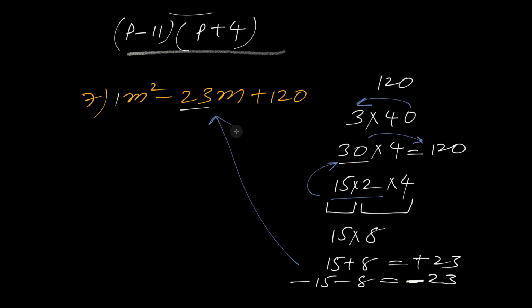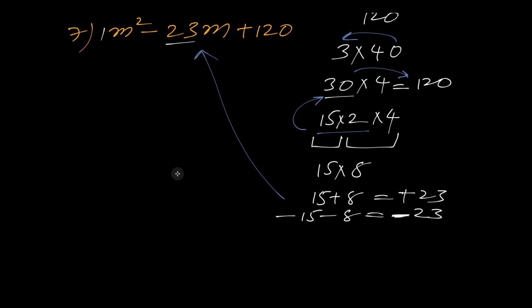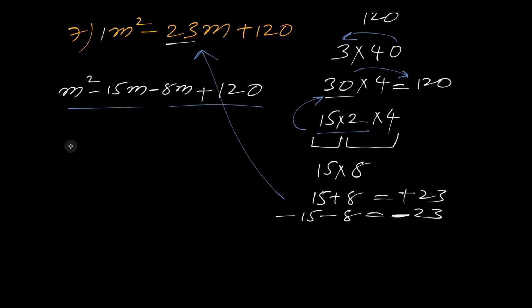Okay, now go back to the question and we will try to solve it. This is going to be m square minus 23, and I'm going to write minus 15m minus 8m plus 120 as it is. So we have to take the common between these two terms, which is m.